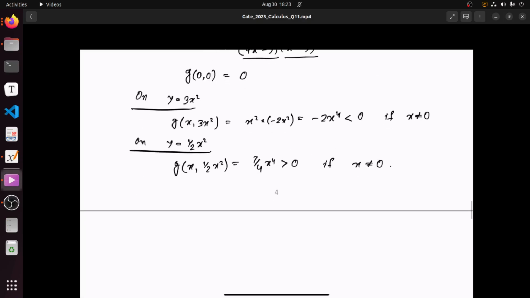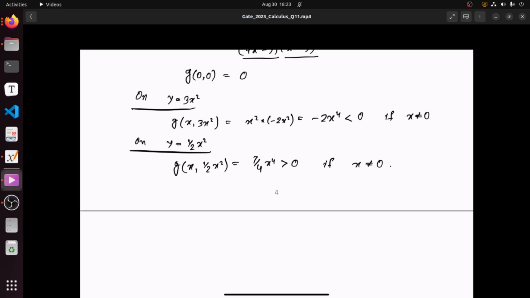So again we see that g of (0, 0) is 0, and in a neighborhood, if you take x non-zero and very close to 0, then this function changes value. Along the curve y equals 3x square, it takes a value less than 0, and along y equals half x square, it takes a value greater than 0.